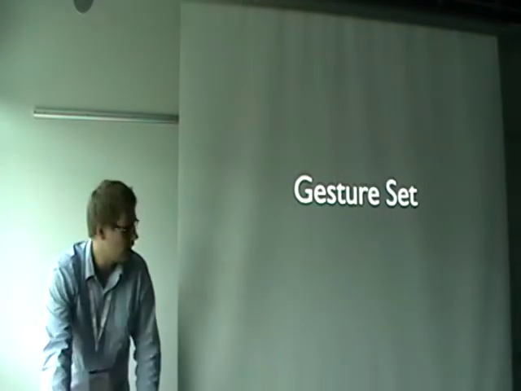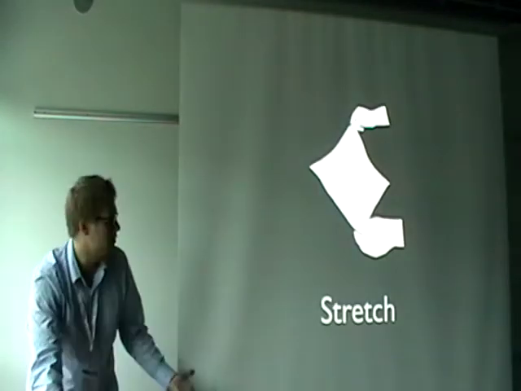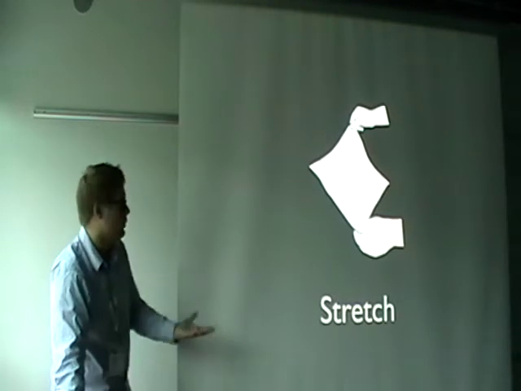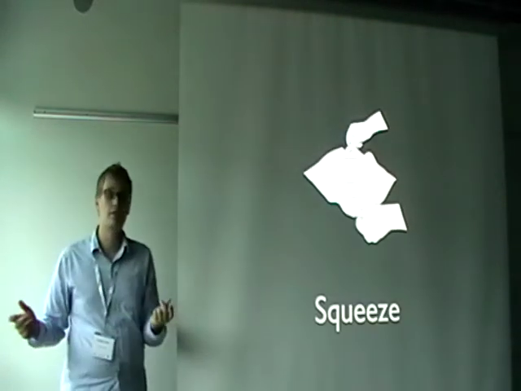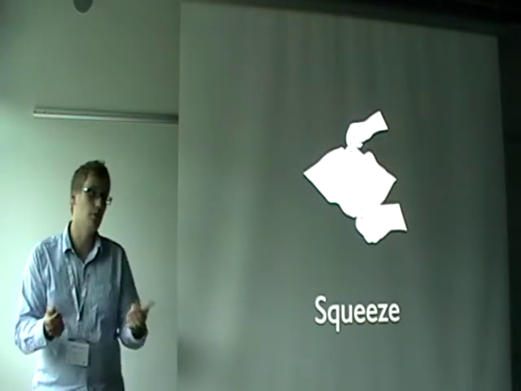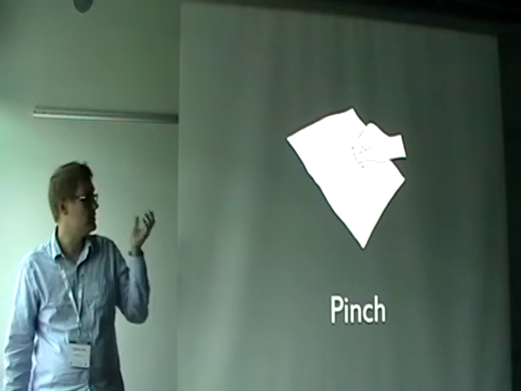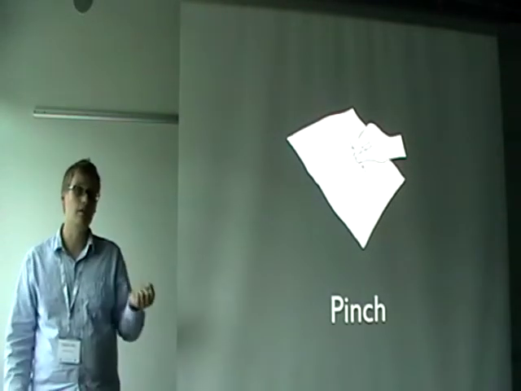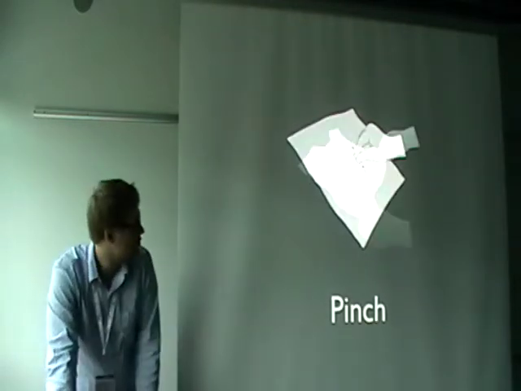And out of these principles, we came up with this basic set of cloth gestures. And so there's the stretch gesture. I'll just explain each one as we go past really quickly, which is hopefully pretty self-explanatory. The squeeze gesture, which is the opposite of the stretch in that you take 2 points and you move them closer together. The pinch, which I put right next to it because apparently this can be confusing, but this is a one-handed squeezing of a single spot on the cloth, and this can be a real or a virtual gesture.